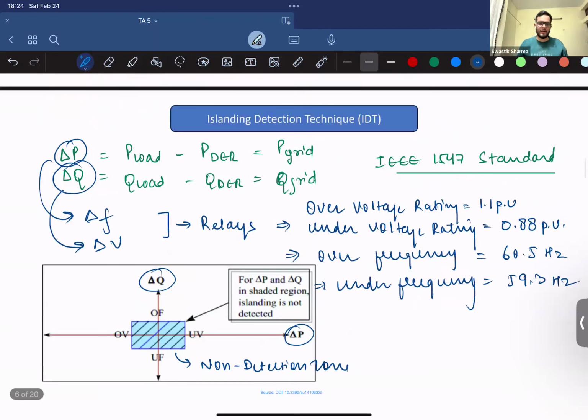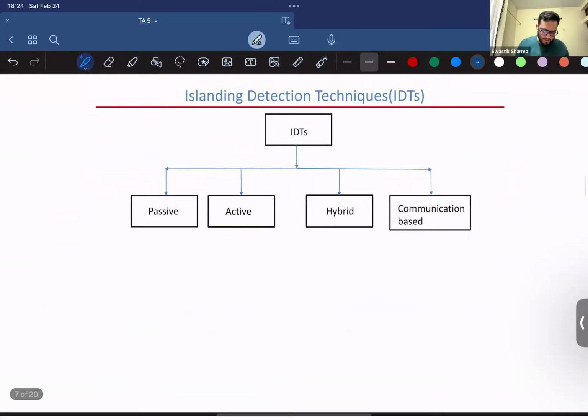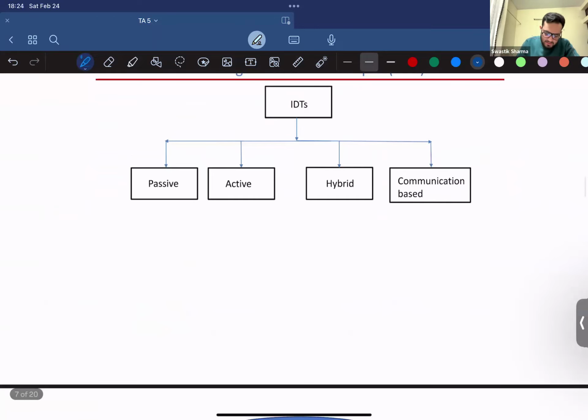So we have different kinds of islanding detection techniques. One is passive, the others are active, hybrid, and communication based. I'll explain each of these in detail. In passive, we monitor an electrical parameter.